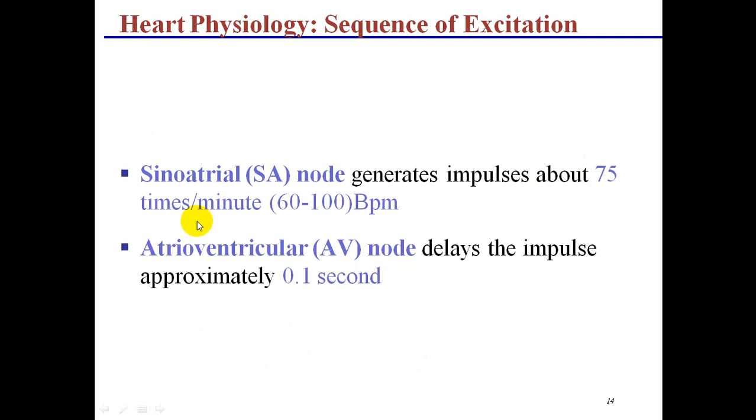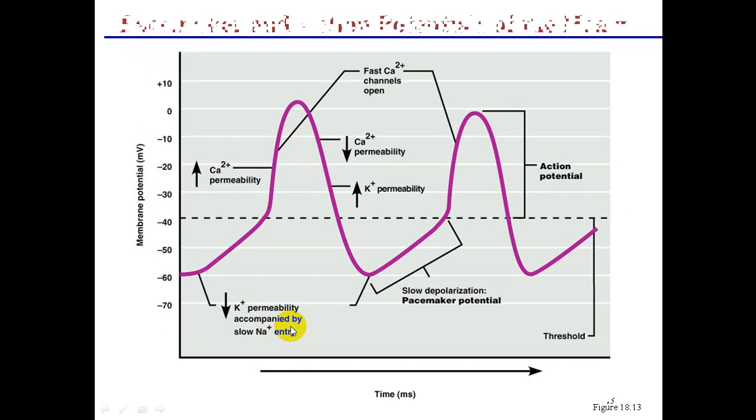The SA node generates impulses at about 75 beats per minute, that is, between 60 and 100 beats per minute in adults. The atrioventricular node delays the impulse approximately 0.20 second, about 100 milliseconds. This is for more time in diastole to fill the heart.